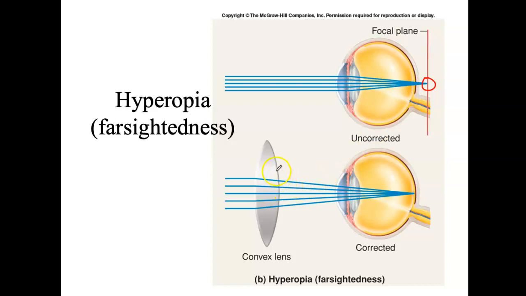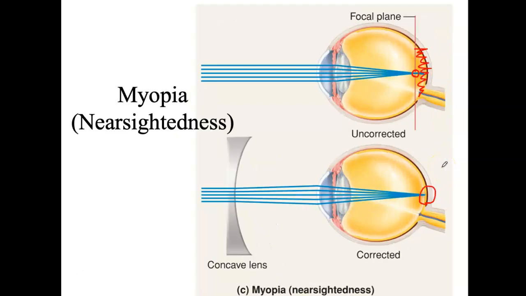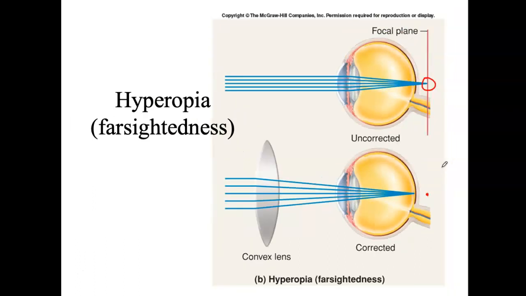So this convex lens is going to bring these rays in sooner, and it's going to converge more, sooner than it would have back here. So hyperopia, farsightedness, is going to be corrected with a convex lens. Okay? Concave for nearsighted, convex for farsighted.